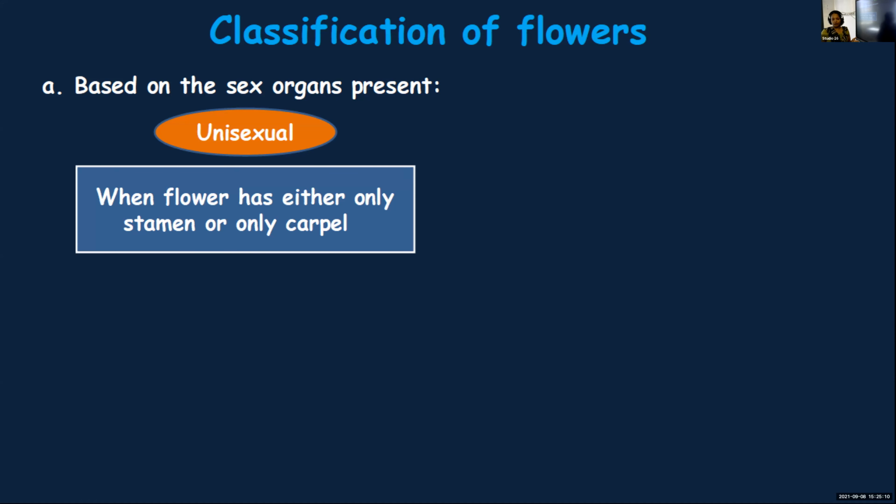In certain plants like papaya and nutmeg, two types of flowers will be there, male flowers and female flowers. The flowers will have either stamen or carpel, not both. Such flowers you call unisexual flowers.